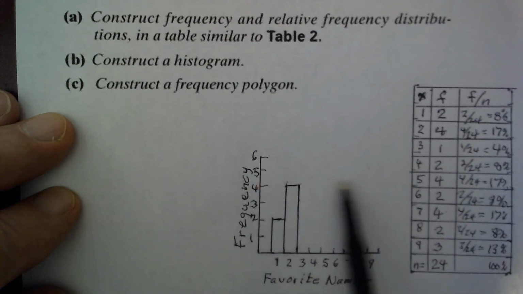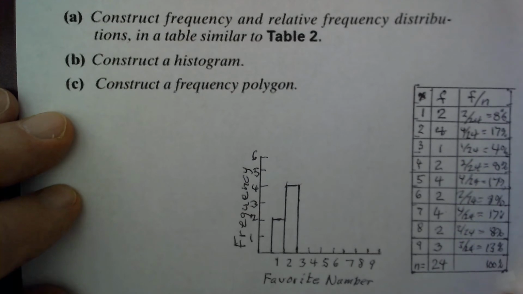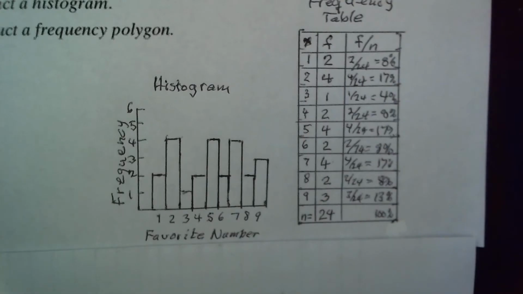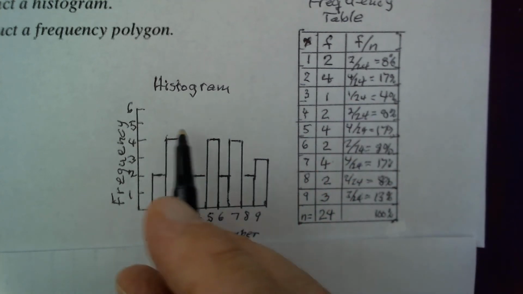Relative frequency here, frequency there. So a histogram can convey a lot of information in very small space, but basically it's just a graphical representation of a frequency table. That's really what a histogram is. So here's the completed frequency table, and here's the completed histogram.